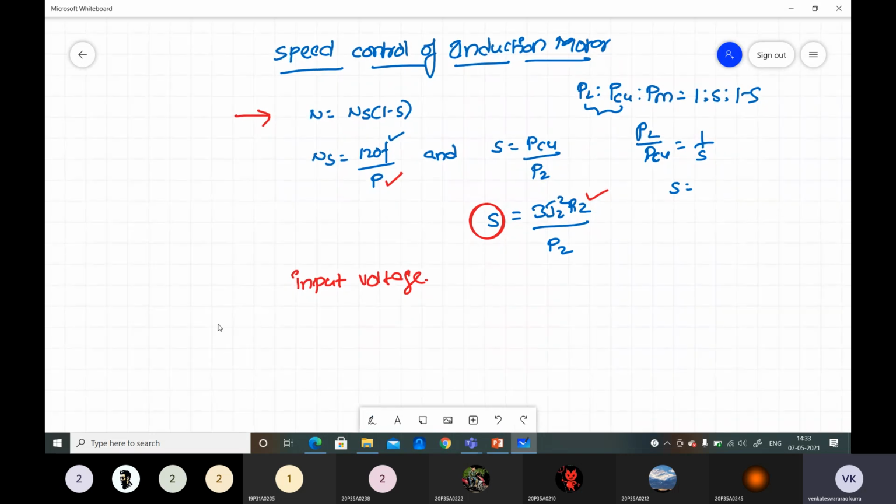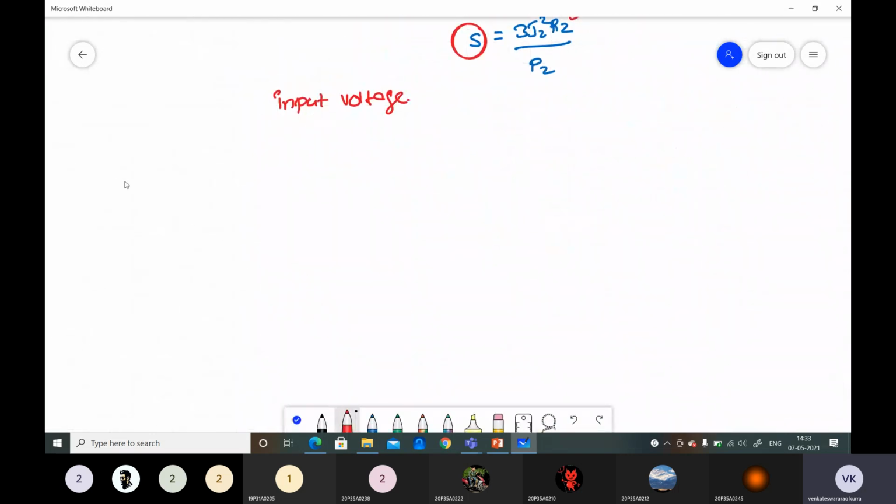So in the previous class we already discussed one method, that is cascade connection of induction motors.